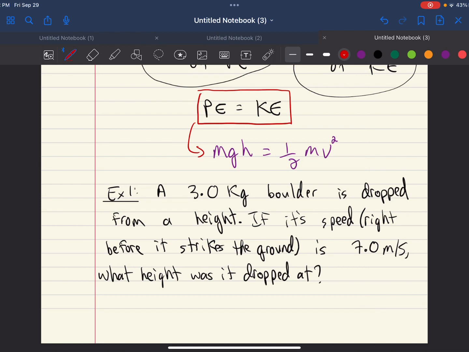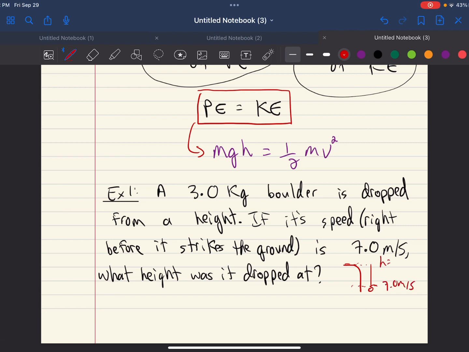So our first example reads, a 3.0 kilogram boulder is dropped from a height. If its speed right before it strikes the ground is 7.0 meters per second, what height was it dropped at? So we know that energy can't be lost, and in this case, and I'm drawing it out, it's dropped from some sort of height here, and right at the bottom, it's 7.0 meters per second.